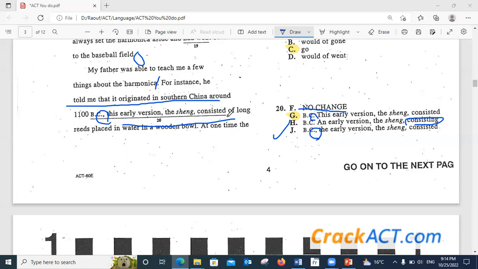How is "China around 1100 BC" a full sentence? Okay, let me highlight it for you. Where is the verb? He told me. That's the subject and verb. That's why, shabab, I always tell you, take the sentence from its very beginning, please, in order not to miss the subject, the verb, the tense, and everything. This will help you judge the sentence correctly.